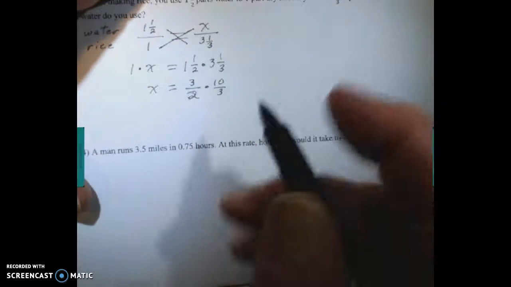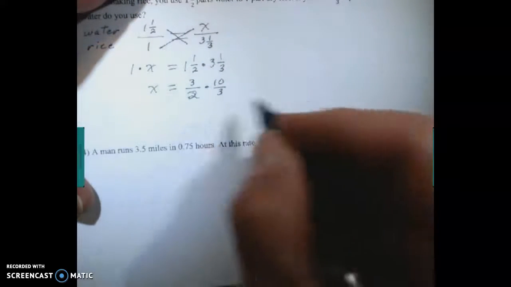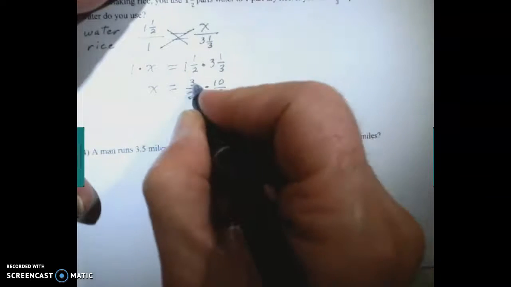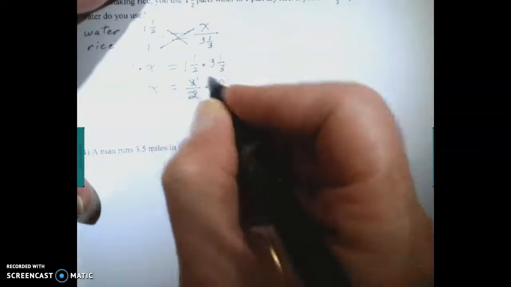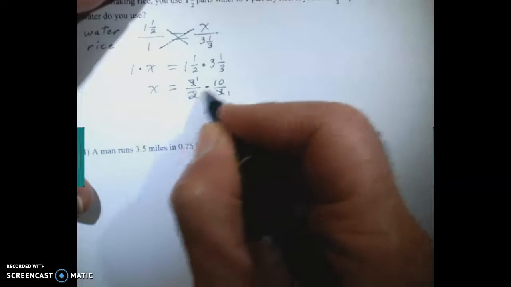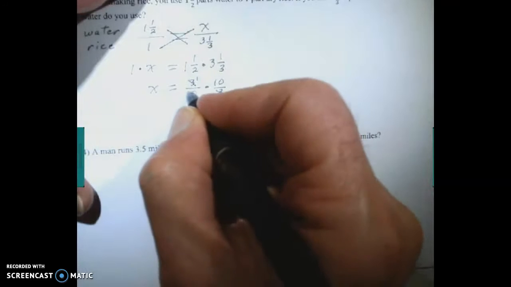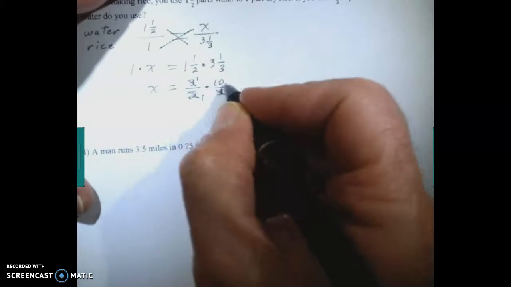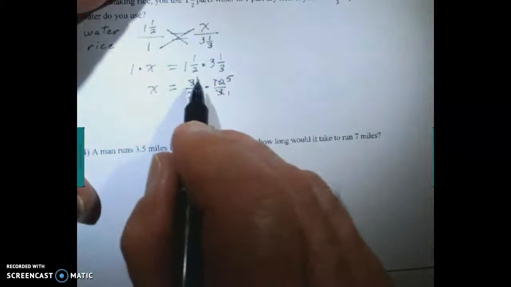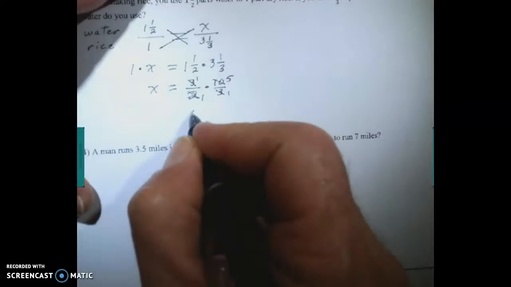Reducing before you multiply is a wonderful skill, a wonderful trick. Both of these can be divided by 3, so divide them by 3. They become 1s. 2 and 10 can both be divided by 2. 2 divided by 2 is 1. 10 divided by 2 is 5. Now multiply numerator times numerator, you get 5.